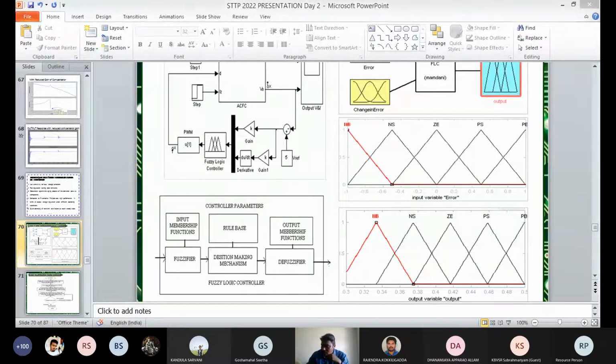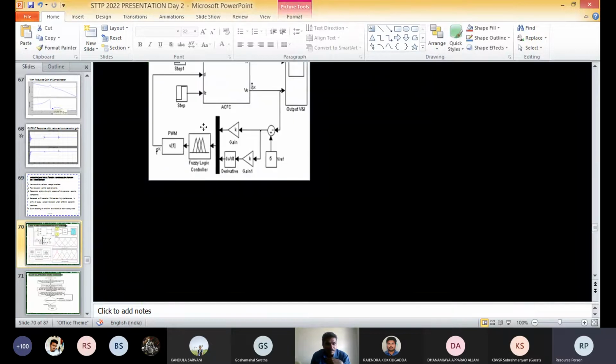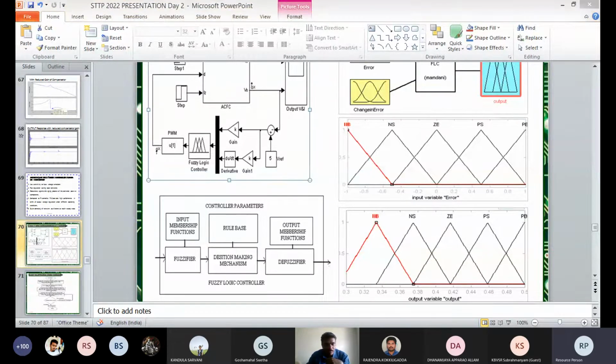Anybody please help me, Rajendra sir, if you are having, please help me. My screen is visible now. Hello. Yes, sir. Visible fuzzy logic block is there, no? I am opening the open board. Now my pen writing is visible? No, only the slide is visible. I am trying to write with the pen.